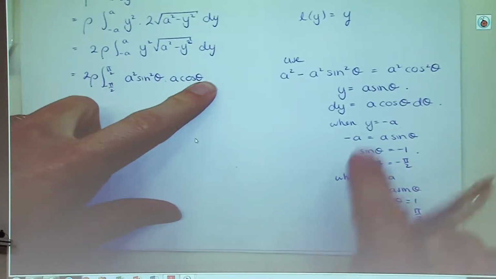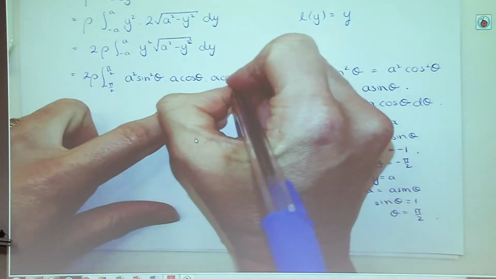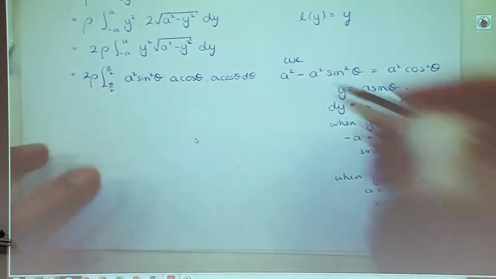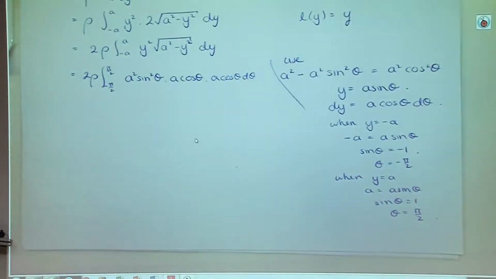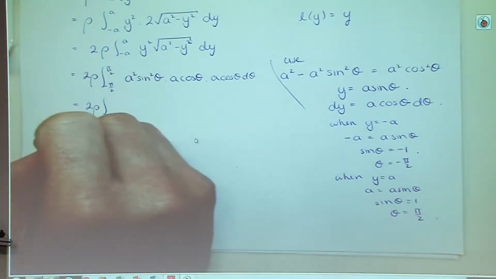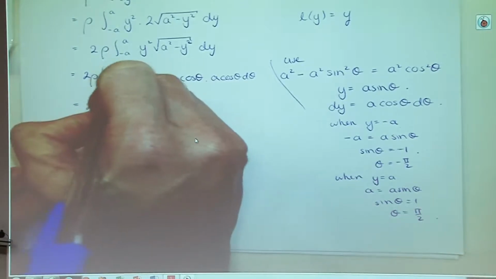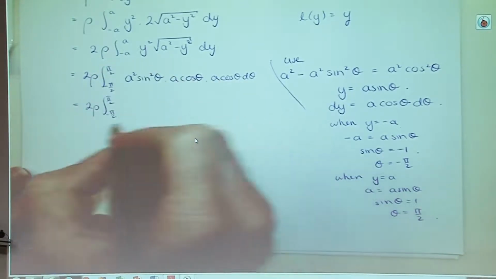Okay, and now the dy is this stuff here. a cos theta d theta. Oh, we've taken those 4 a's out, right?